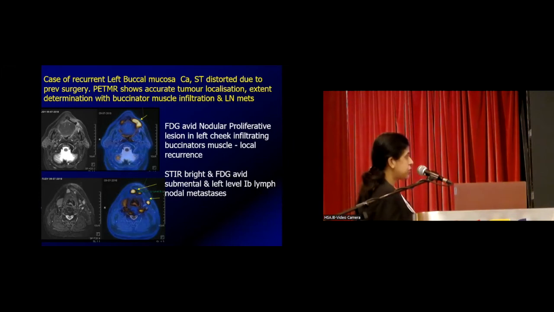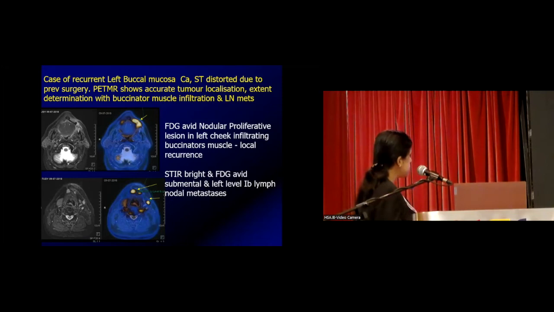So this is another patient where there is a distortion of the anatomy because of the surgery. In all those cases, the MR becomes a bit difficult and challenging for the radiologist to report, but it's an easy thing for us because wherever you can see a site of FDG avidity, you can confidently report that this is a site of tumor recurrence.